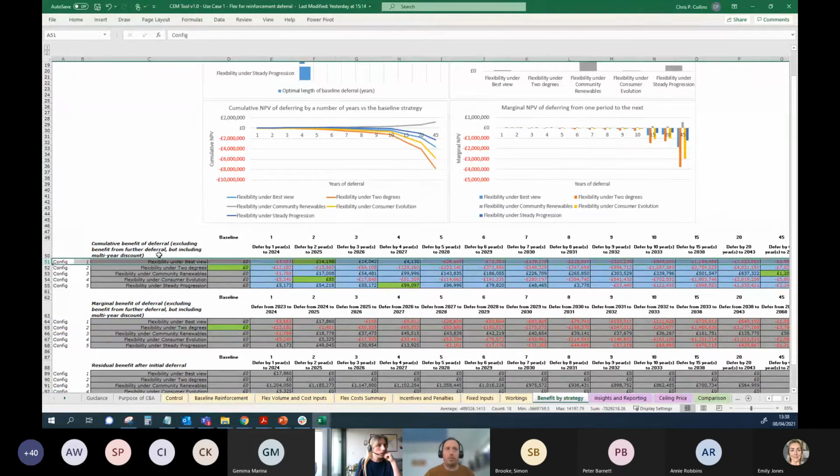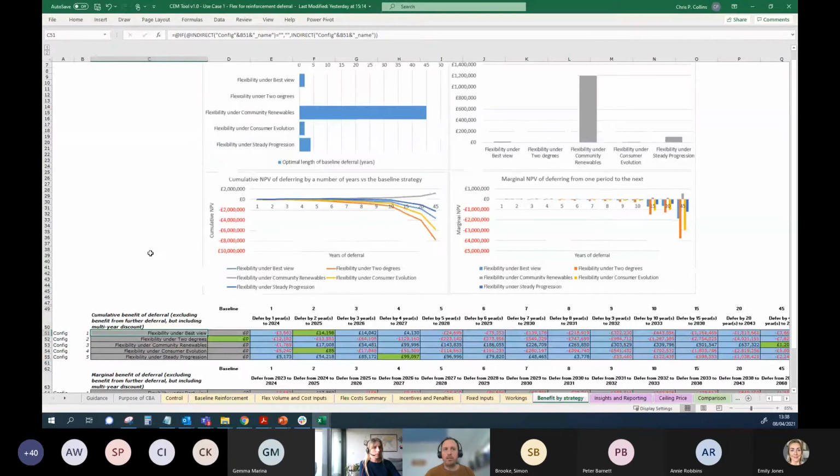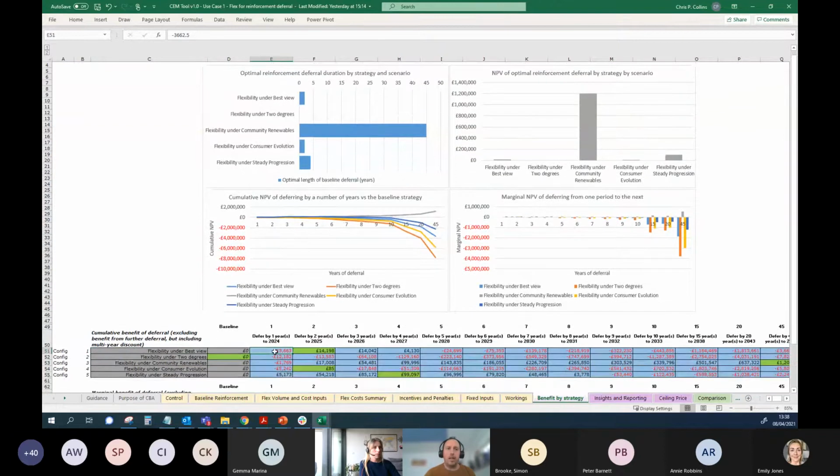So if we just look at what we're calling the best view, this is perhaps what would have been the scenario that was going into the DNO's projections before we had this multi-scenario tool.